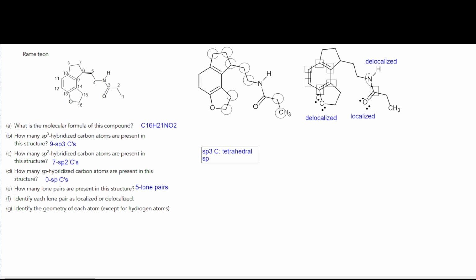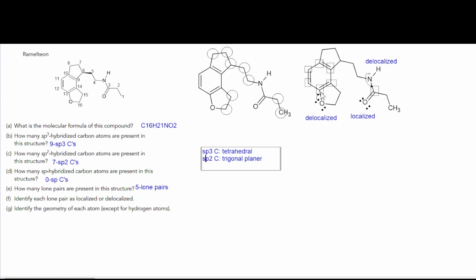Then if you look at this particular oxygen, it will not have any geometry as such. You can simply say linear because there is only one bond there.